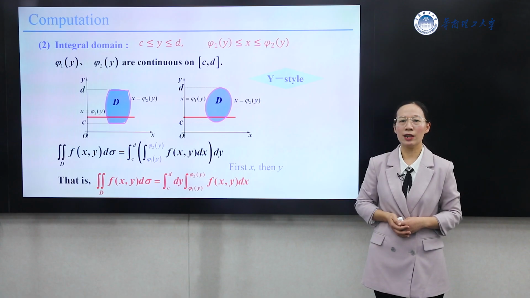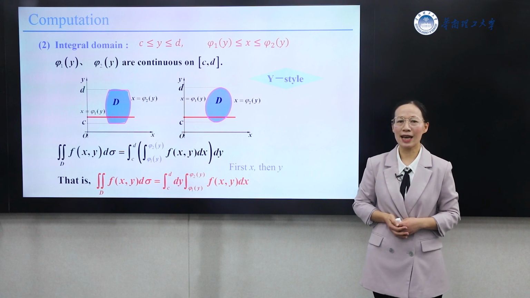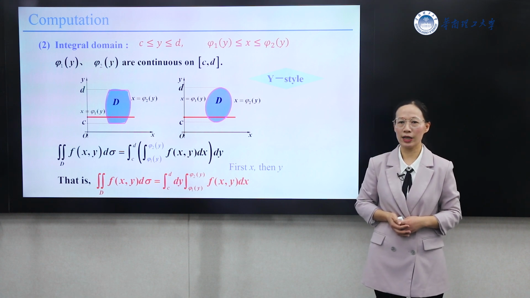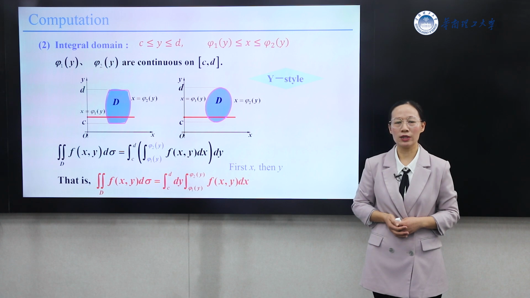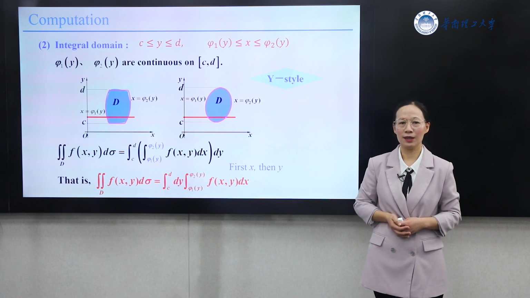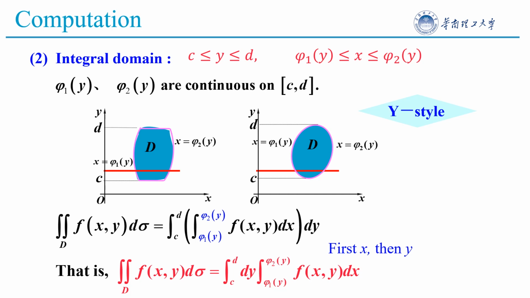After the same derivation process, we first calculate the definite integral of f(x,y) on x from phi1(y) to phi2(y), then calculate the definite integral on y. Usually, it is written in this compact form.